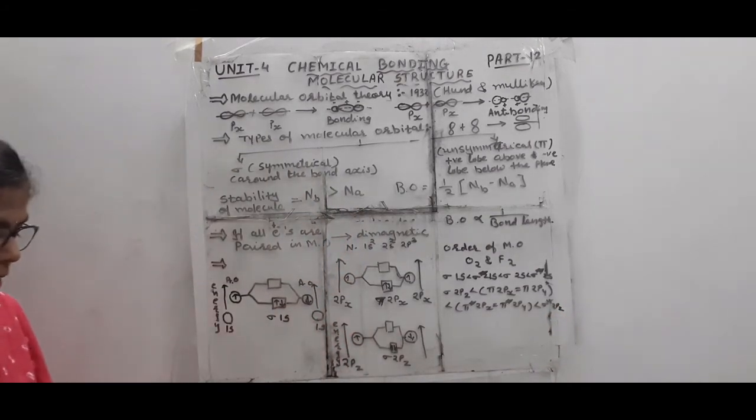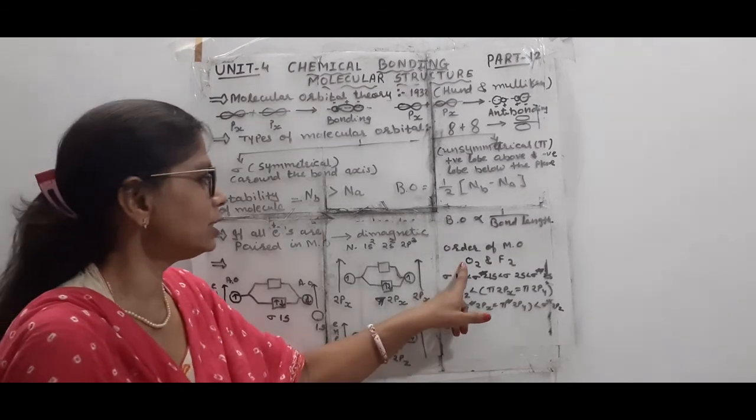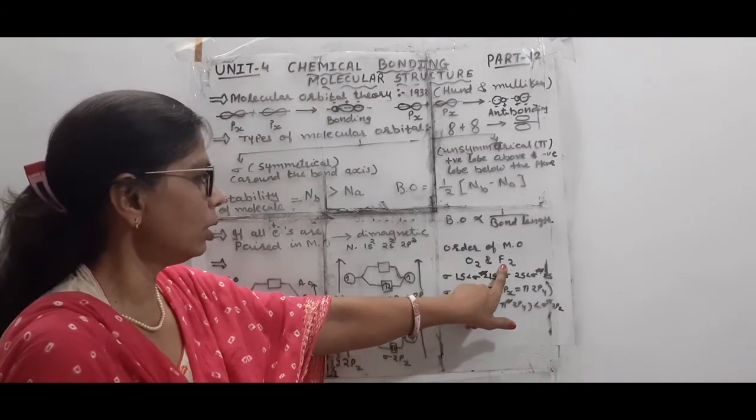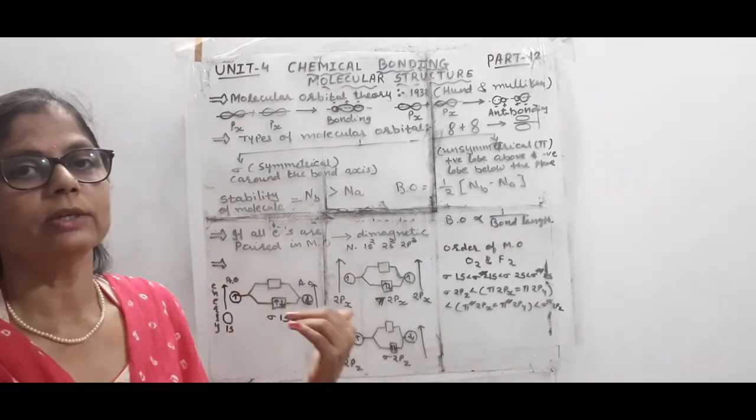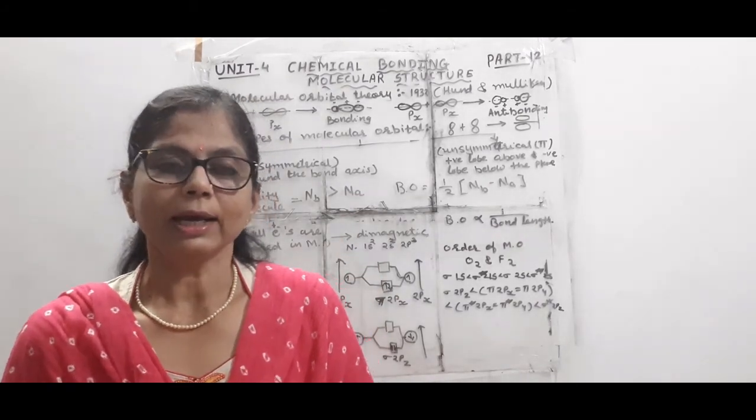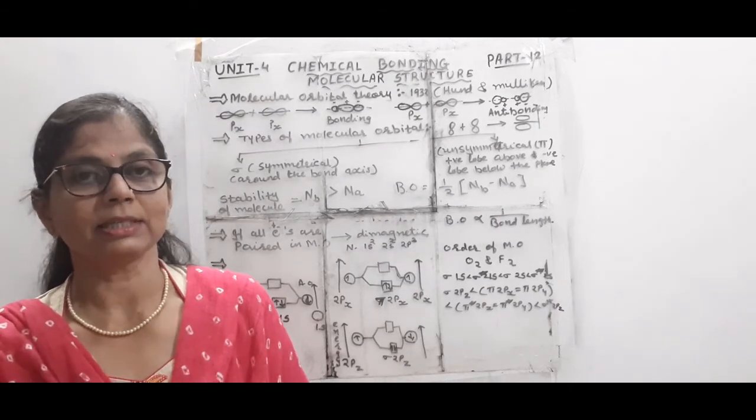This is the energy level of oxygen and fluorine molecule. For molecules other than oxygen and fluorine, which energy level will be followed, I will give you in the next video session, student.